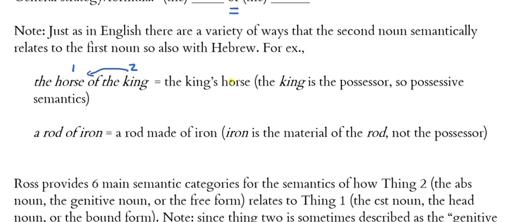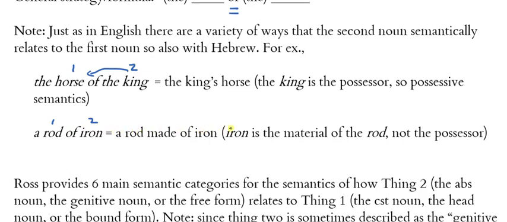This is possessive semantics. But take another expression like a rod of iron. Rod would be thing 1 and iron would be thing 2. And here, what we want to ask is, how is iron related to rod? Well, it's a rod made of iron.